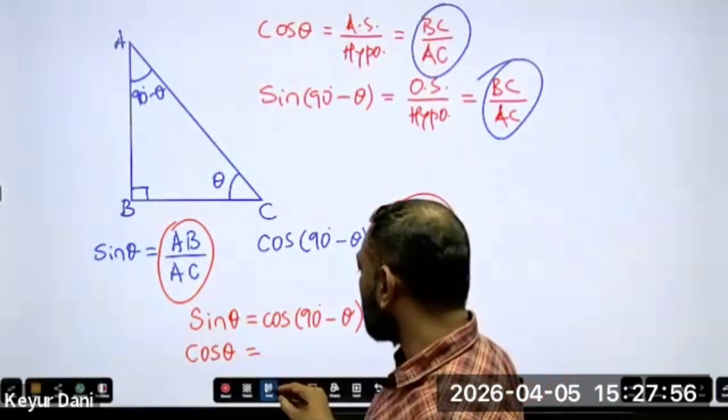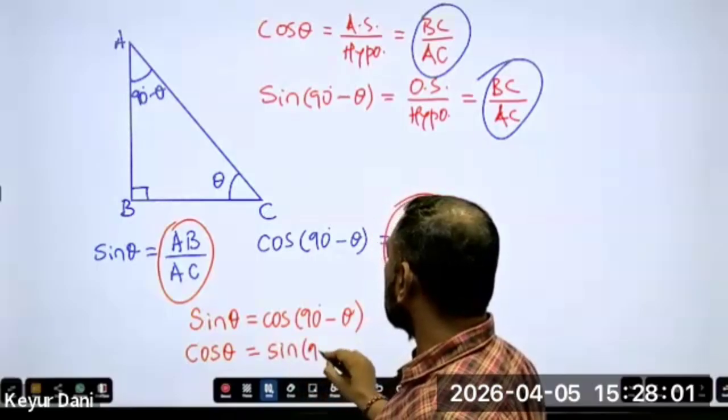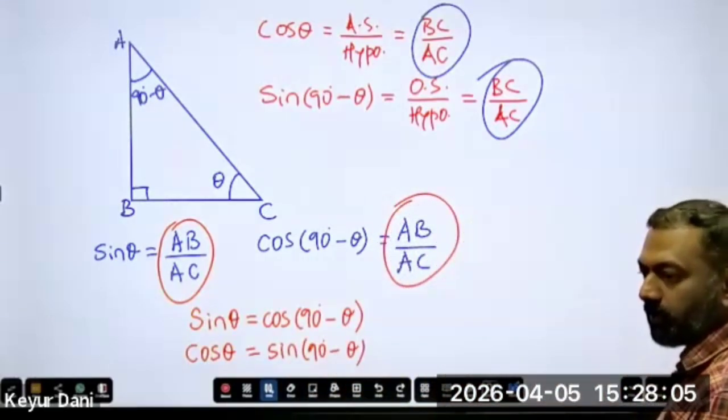So this is our new formula: cos theta is sine of 90 minus theta. Clear?